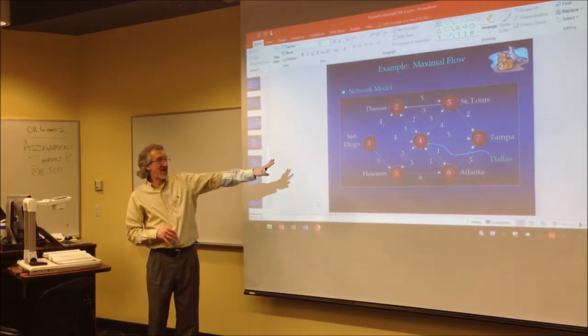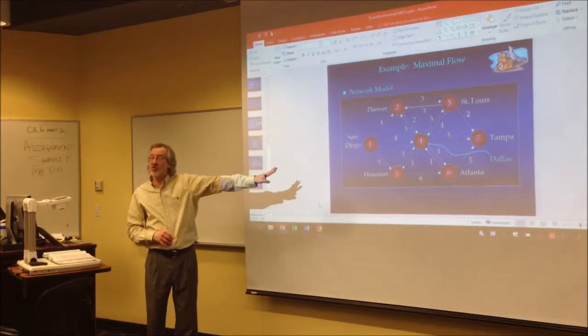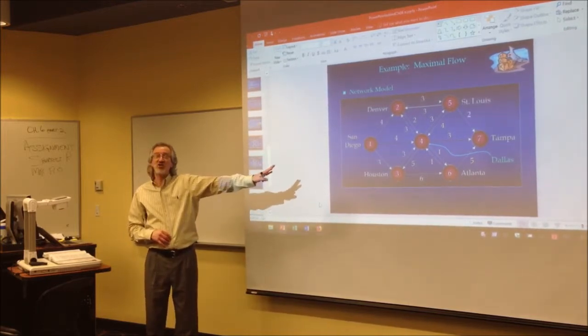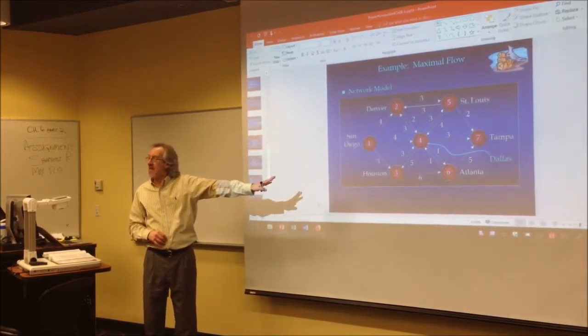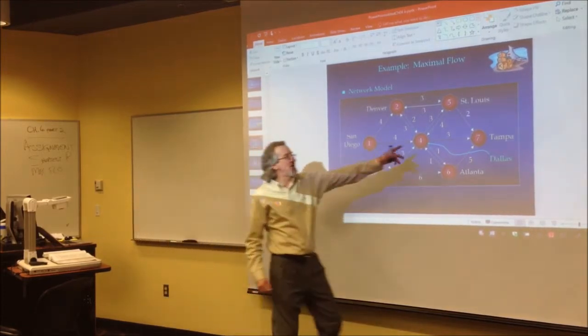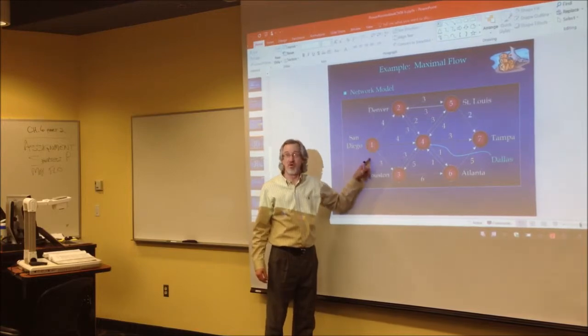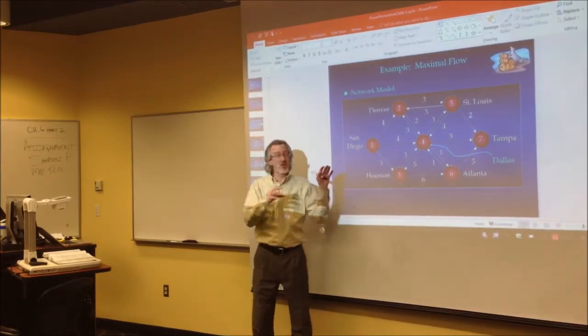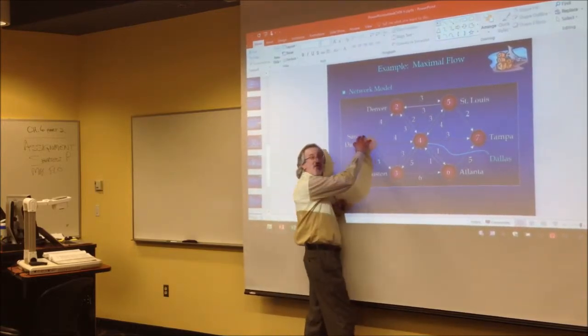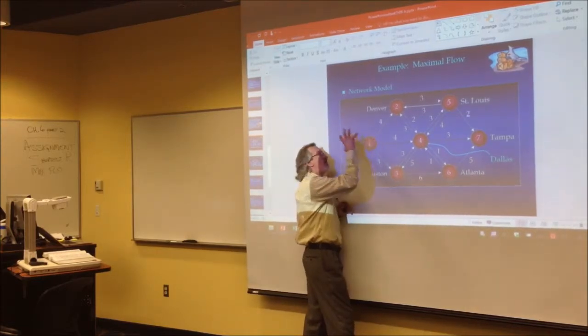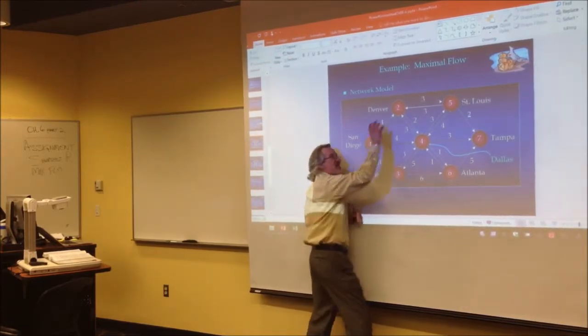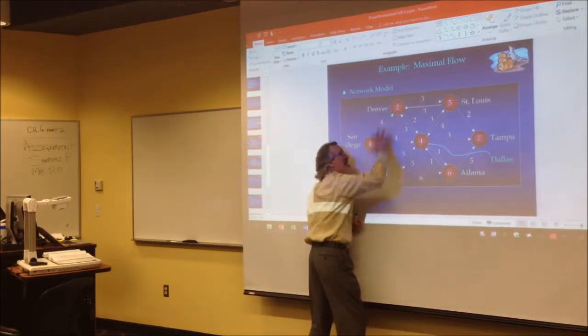So, you ready? The first thing you do with max flow is you have to add an arc that does not exist. You're adding an arc that goes from the end all the way back to the beginning and put an arrow. What max flow does is say, we're trying to figure out the maximum amount of whatever it is happening here that needs to get there that can get there.